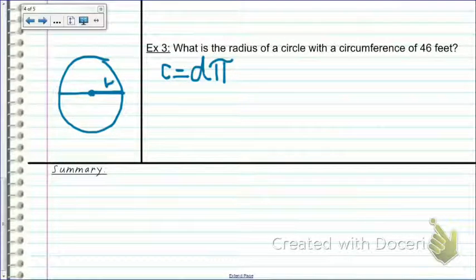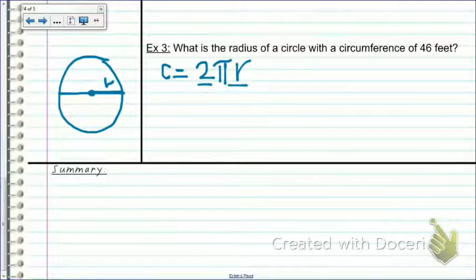So the actual equation that we want is circumference equals 2 pi r. Okay, 2 times r is how we get the diameter times pi, but that's just the way that we list them. So circumference is 2 pi r.